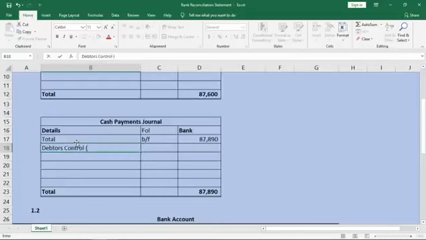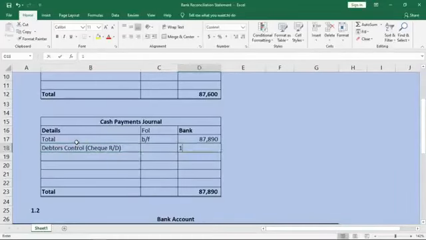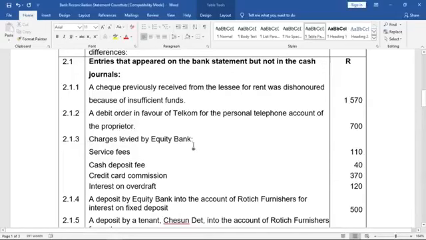That check was dishonored, and I'm going to write here check which was dishonored. So I'll write check RD, and then I put in the amount there, 1,570. So you can see we had initially recorded it in our cash receipts journal when we received it, but now that it's been dishonored, we have to take it out of our cash receipts journal. How do we do that? We put it in our cash payments journal.